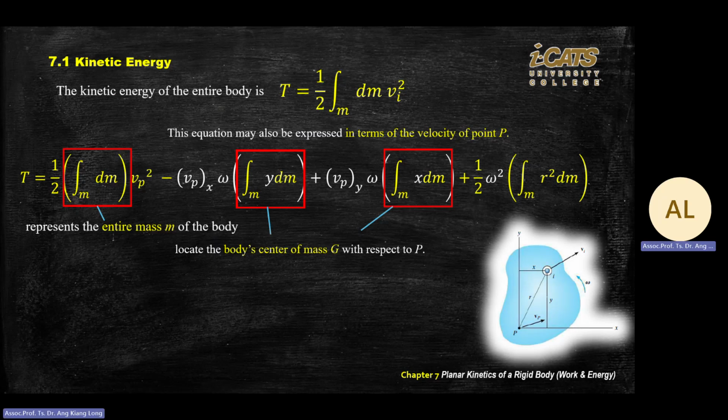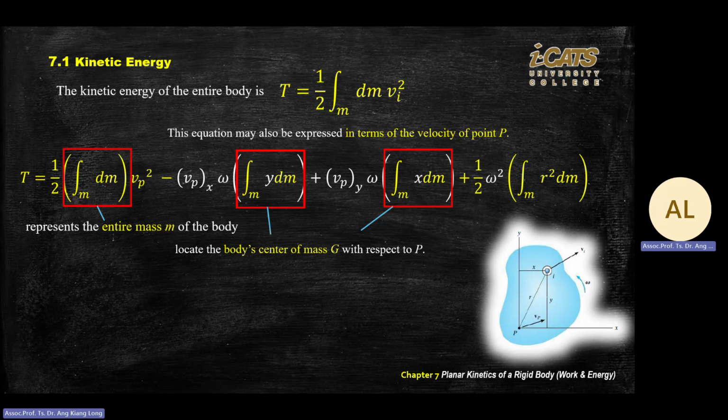So the second and third terms are basically to find the effect of your center of mass, meaning you find x bar and y bar. But we're not going to do that in dynamics. You just need to know there is an effect of the body's center of mass.